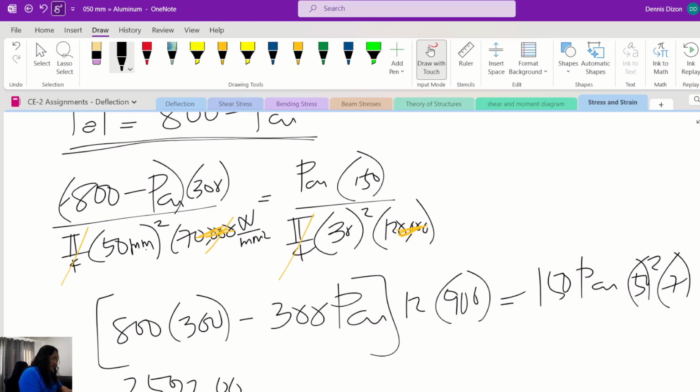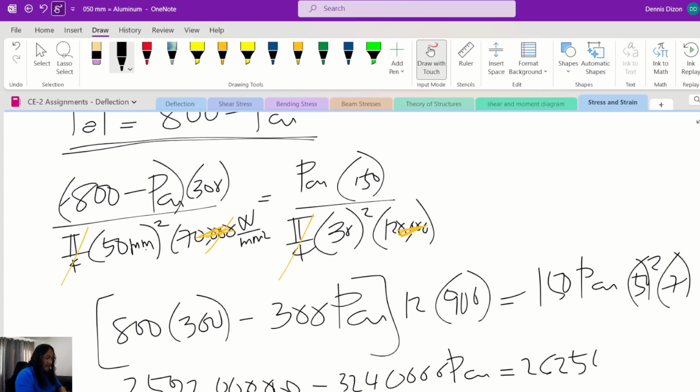That one, 2592 then 6 zeros. And then this one is 300 times 12 times 900 is minus 3,240,000 PCU, equal to this one, 150 times 50 squared times 7, which is 2,625,000 PCU.